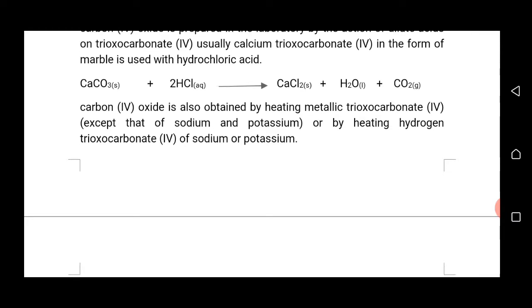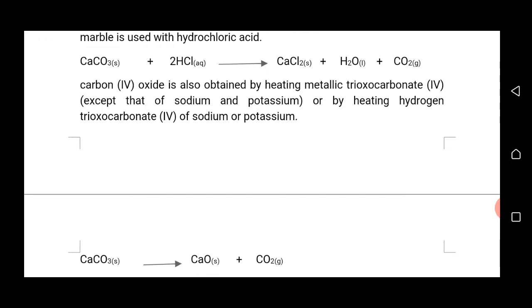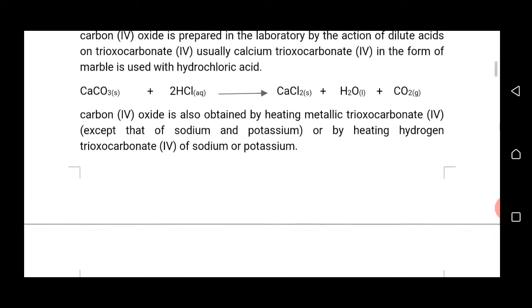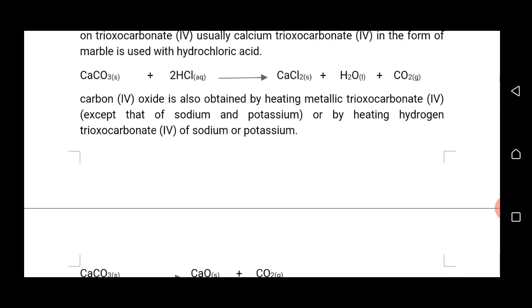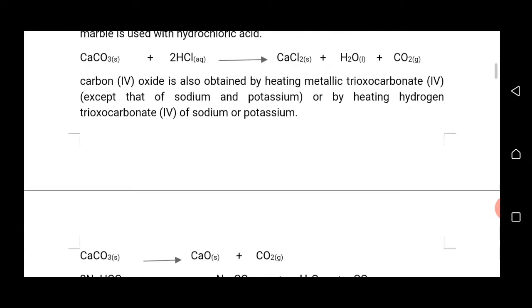This is the equation of reaction: CaCO3, that is calcium trioxocarbonate 4, combined with 2 moles of hydrochloric acid, produces calcium chloride CaCl2, water H2O, and CO2, carbon 4 oxide gas. So this is the equation for the laboratory preparation of carbon 4 oxide.